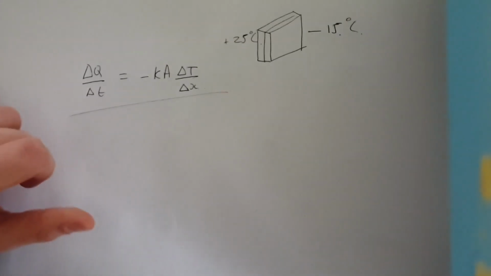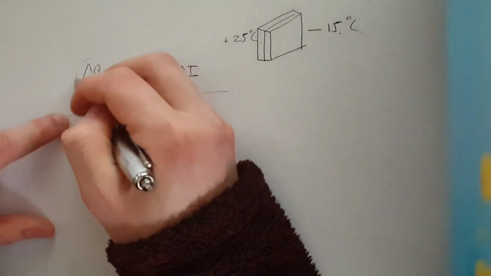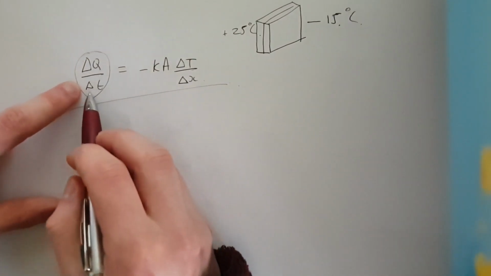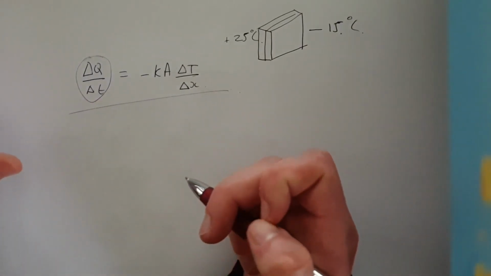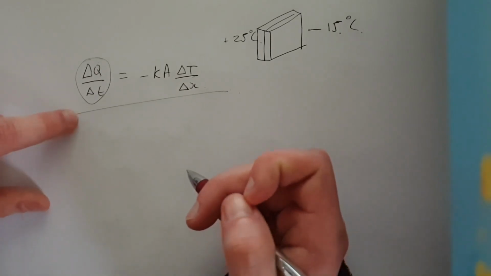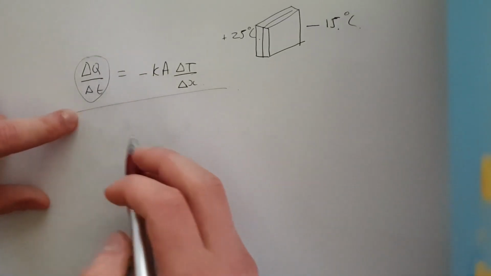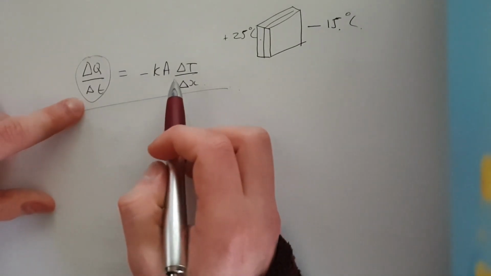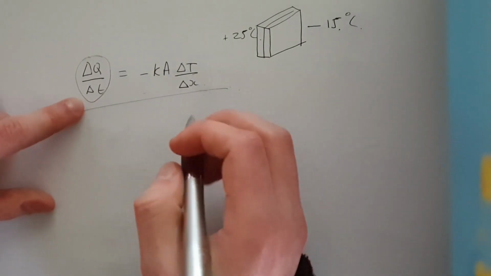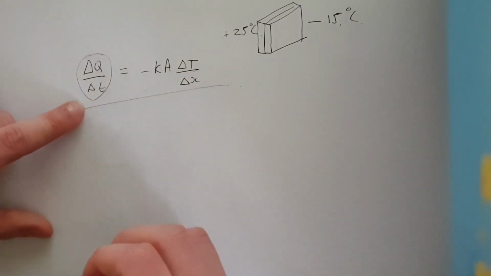So we want to know the rate of heat transfer, and this whole thing is the rate, because this is heat, this is per second, so heat per second is the rate of transfer, because rate is just the change over time. So we want to know what delta Q over delta T is, and that's this. So do we know all of these things? I'd say yes, we do.